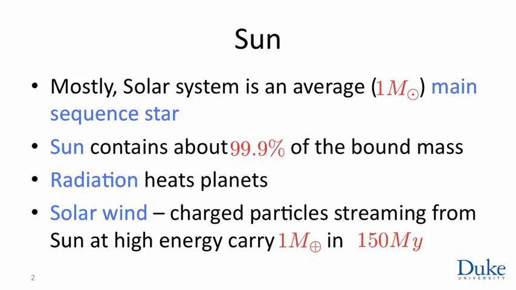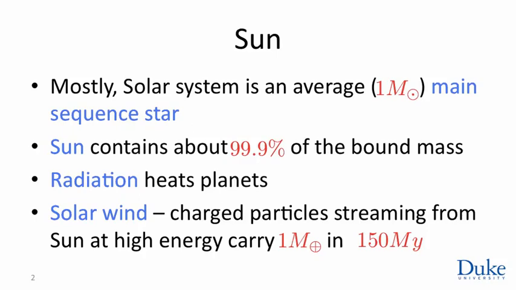In addition to dominating the mass of the solar system, the sun extends its influence throughout the solar system in two other ways. One, we talked about last week, is the radiation, the black body radiation with which the sun glows. That is the source of our light and heat here on Earth and elsewhere in the solar system. In addition, as we'll see as part of the processes that go on in a star, the outer atmosphere of the sun is a very active place, and it is constantly emitting a stream of charged particles called the solar wind that leave the sun at high speed and propagate out throughout the solar system.